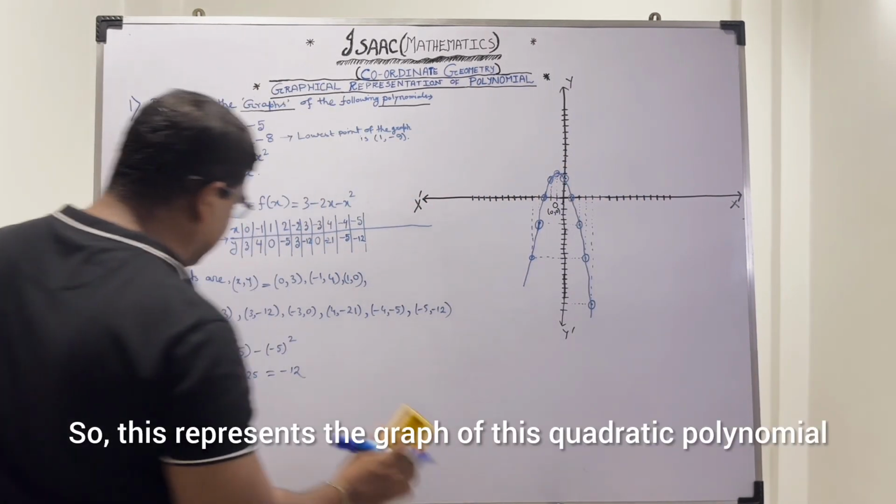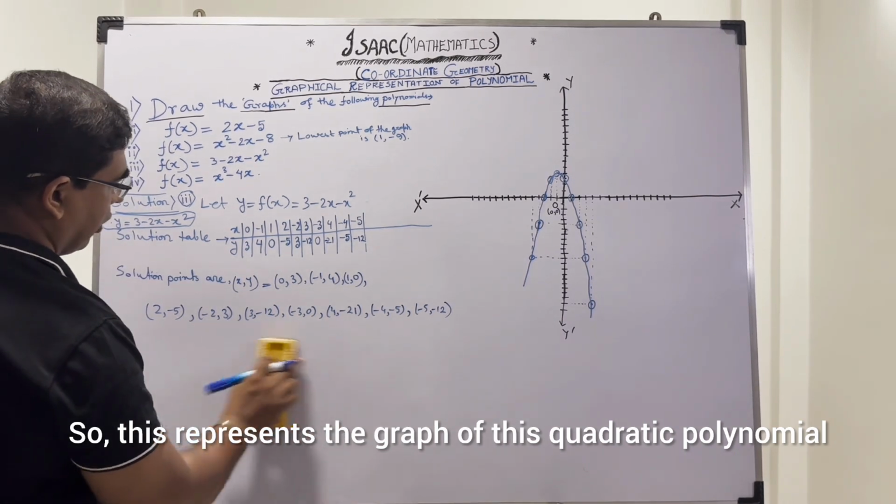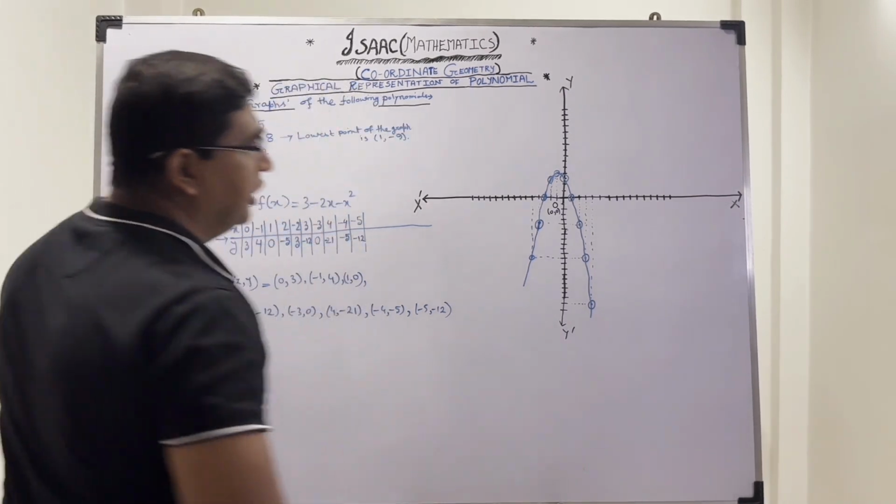So this represents the graph of this quadratic polynomial.